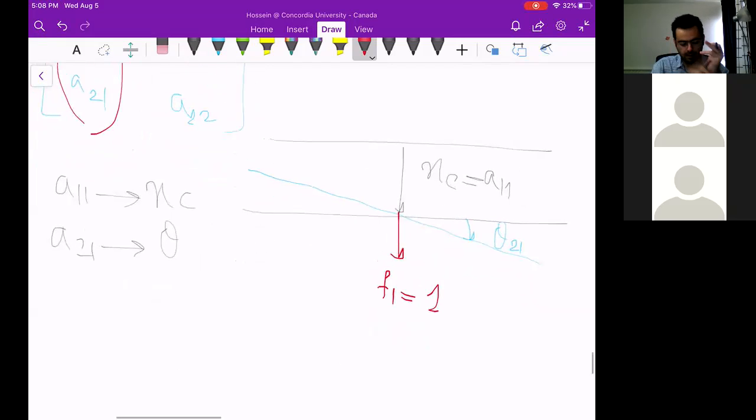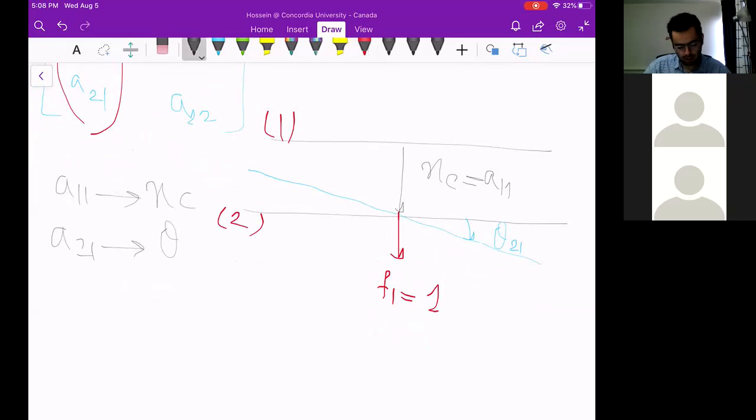we consider A11. So we put a unit force at the middle point of the beam and displace the system toward the second point, and there is a rotation.